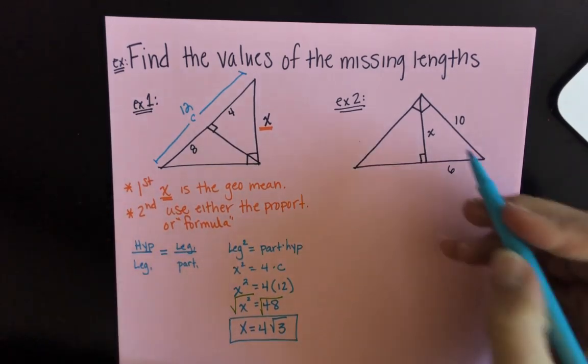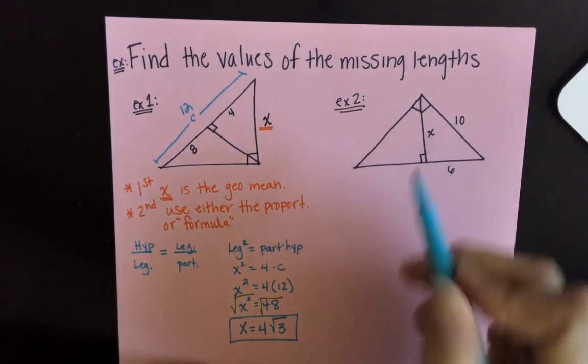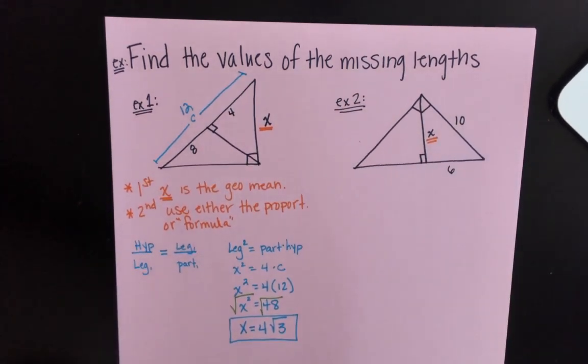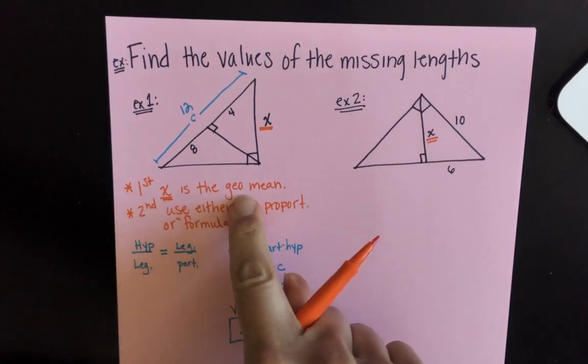Here's the thing. In this one, my geometric mean is here in the middle. It's my altitude. So I identified my geometric mean.